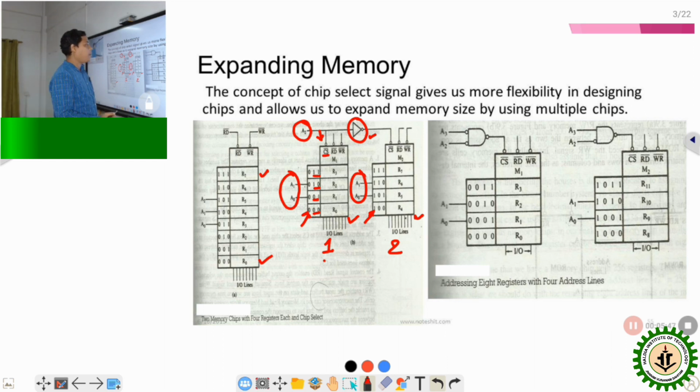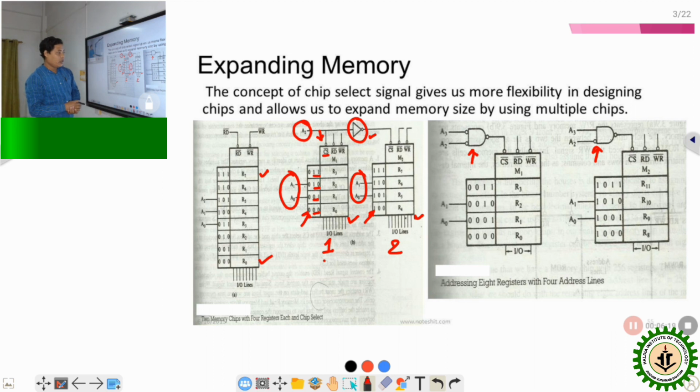Similarly, another picture shows how, if we have multiple address lines, we can connect them with the memory. With respect to the available memory, if we have more address lines, then a single NOT gate will not be sufficient. For that, we need to use a NAND gate, which is shown here, or we can go for a decoder circuit to use the additional lines.